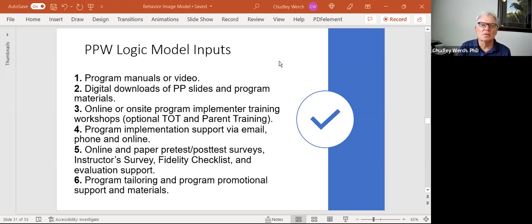We want you to get visibility, and that will help get broader reach. And in some cases, you may need to tailor your program. So for example, In Shape Prevention Plus Wellness was made for college students. It's now implemented in college settings and community settings, but we needed to make a slight adaptation to it when we applied it to the US Air Force. So it can be done, and can be done rather efficiently too.